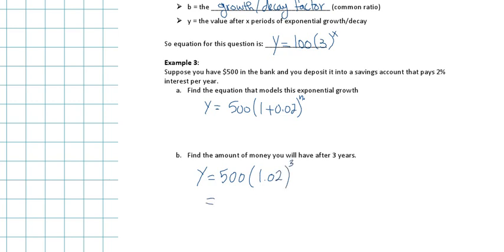What do you get when you do that? 530.61? So after 3 years, you're going to have $530.60 in the account.